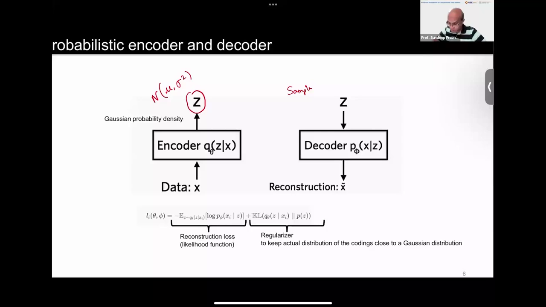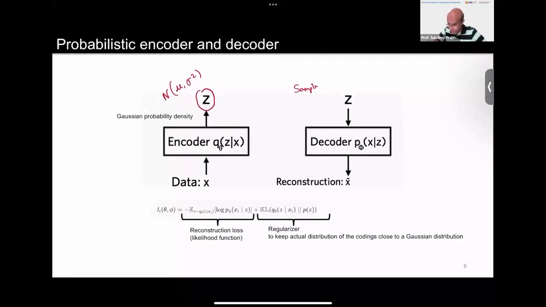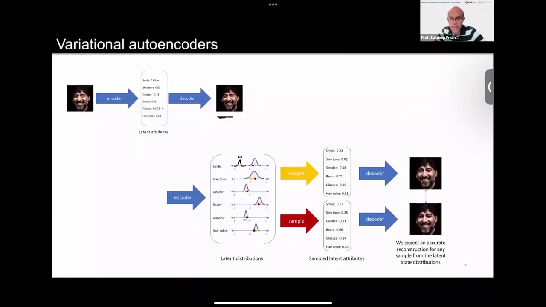So again, to contrast, this is an illustration. We'll come back to the math and the loss function once we understand this. So far, this was the autoencoders where, for an image, we have a latent variable.